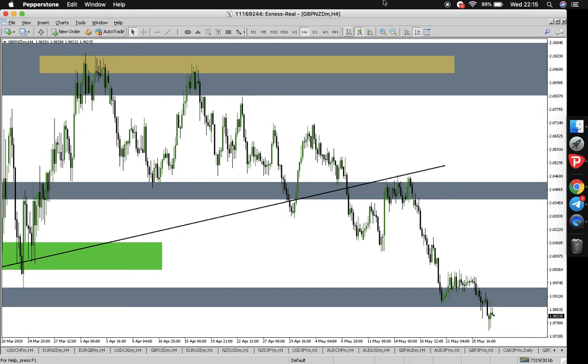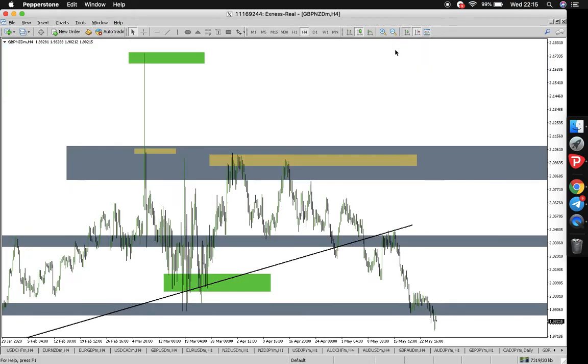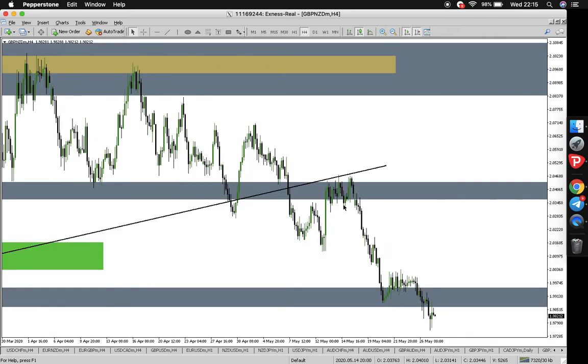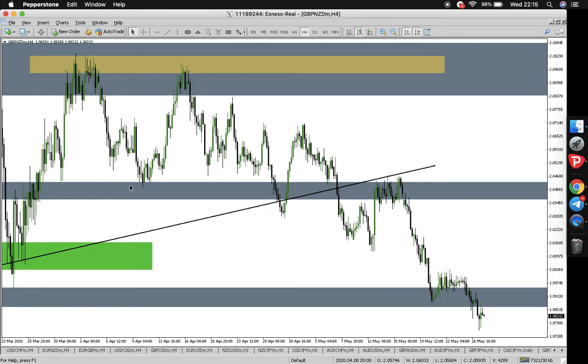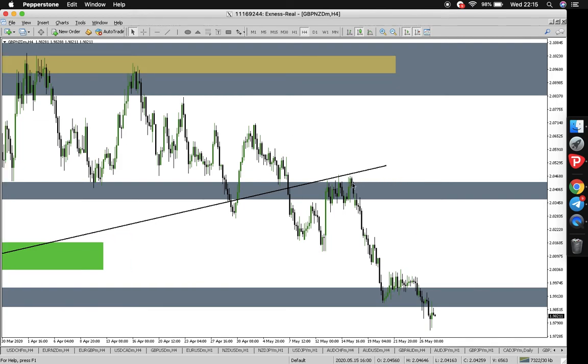Okay, market comes down, it breaks our trend line. We can see it breaking our trend line. It comes up, it retests our trend line, our daily trend line, as well as our flip zone, our previous resistance flip zone, and right over here, our previous minor support acting as a resistance. That's a perfect sell opportunity, and market comes down.